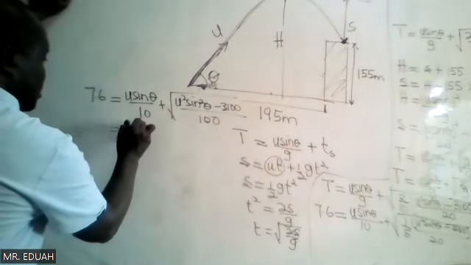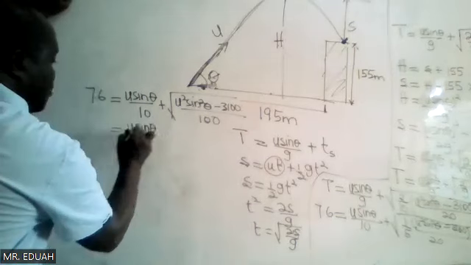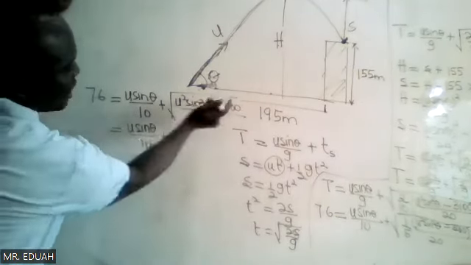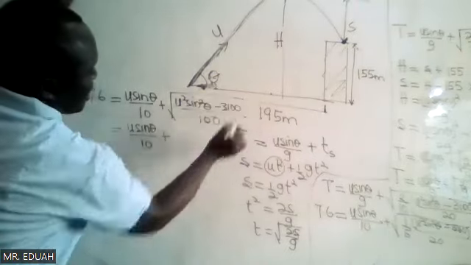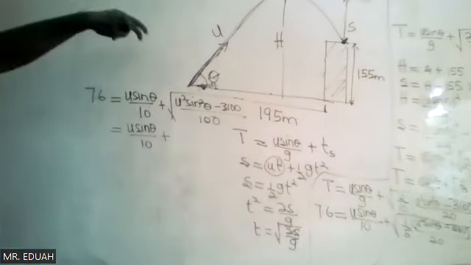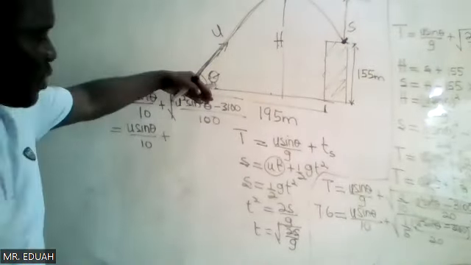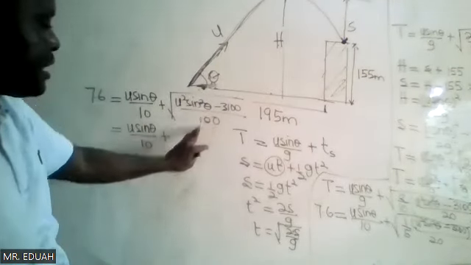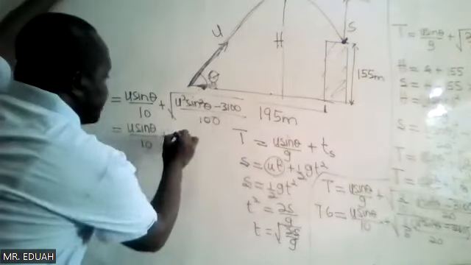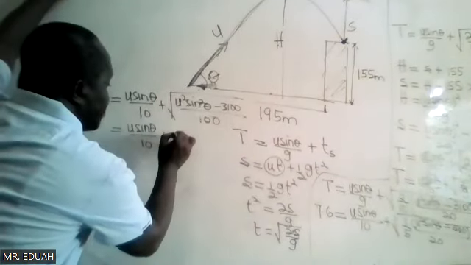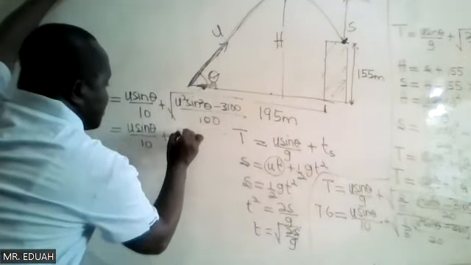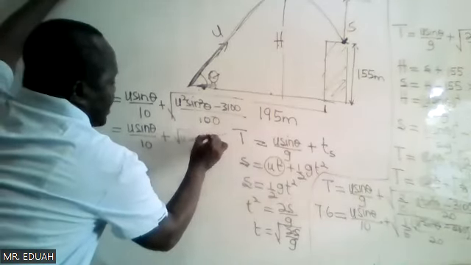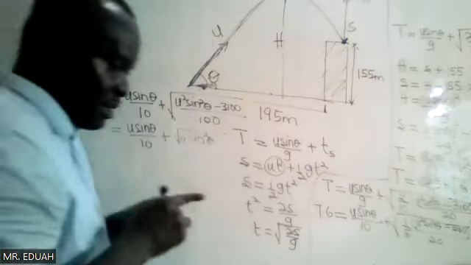So u sine theta over 10 plus the square root of, when you have irrational expressions, take the square root of the numerator, take the square root of the denominator. We cannot simplify this one, so it will still be u squared sine squared theta.